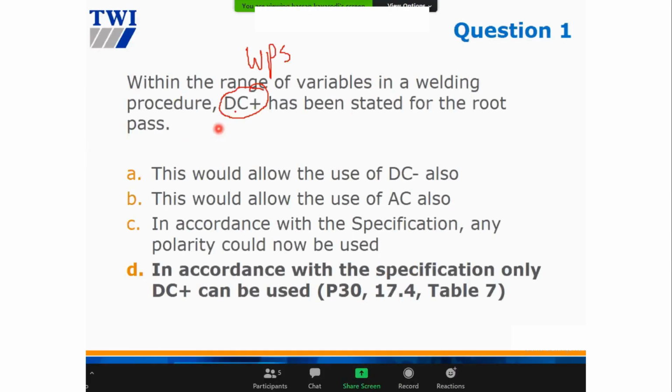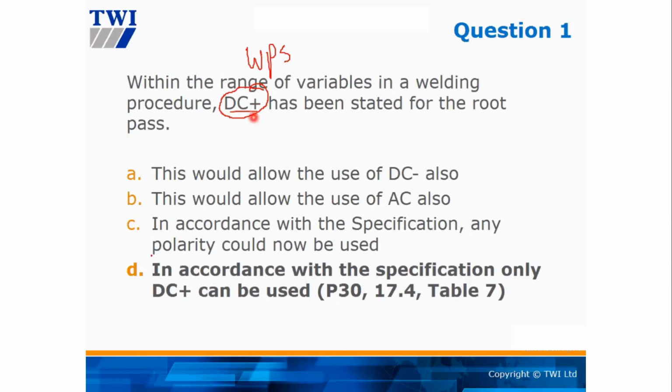Because it is using DC positive, the best answer goes to D. In accordance with the spec, only DC can be used because it's already mentioned in the table. They do not allow any change. Okay, right. So that's why A, B, and C are all wrong. Okay. All right. Look at question number 2.